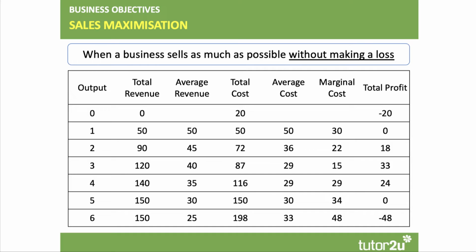And the firm initially makes a loss because of the fixed costs, breaks even actually at output 1, but breaks even again at output 5. Well, the highest output consistent with avoiding a loss is output 5, where the unit cost and the unit revenue is both £30. So that is the sales maximization output.